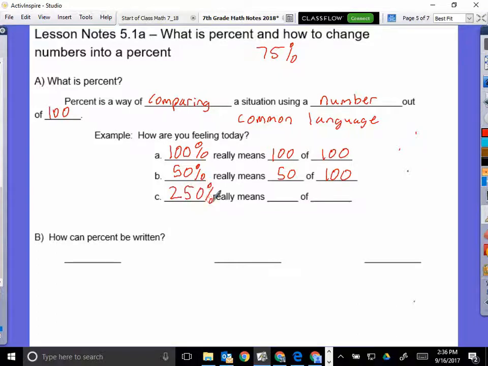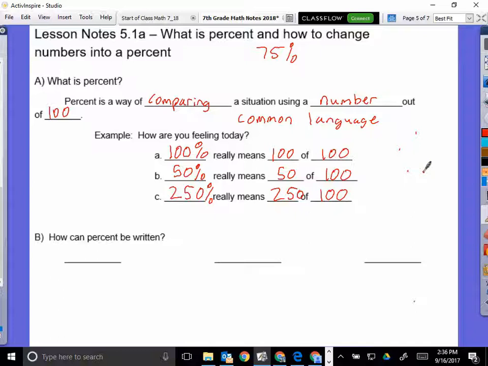Okay, that person is feeling just super duper. All right. So that really means they're feeling 250 out of 100. Okay, so they're feeling like even way above beyond 100. Okay, they are just like in a great mood. All right, so there's some different examples of how percents are used and what it means.